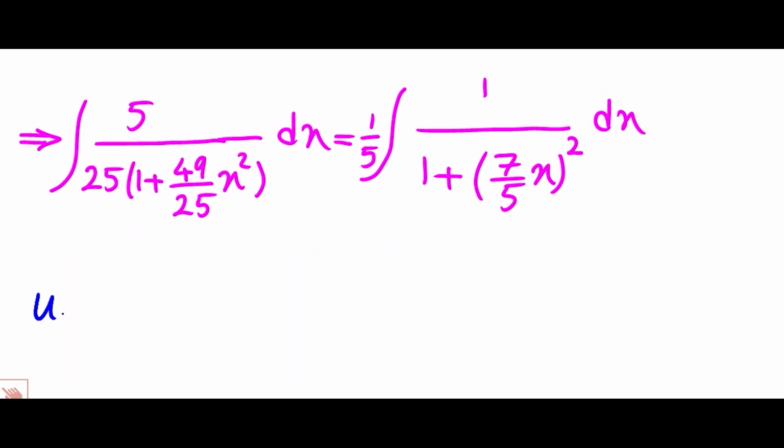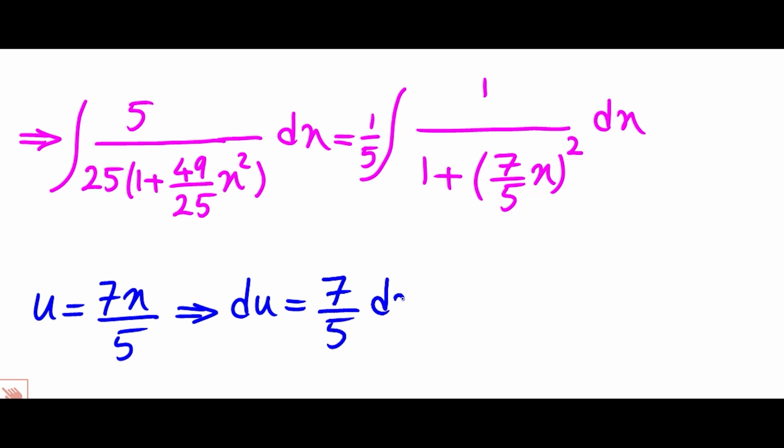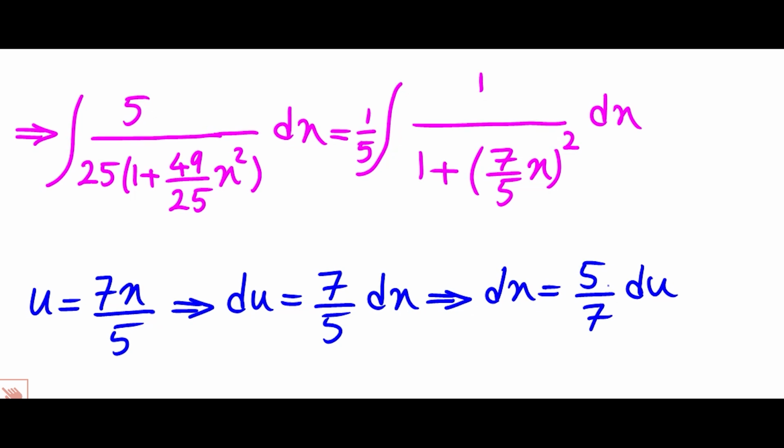Now let u equal 7x over 5, and if we take the derivative of both sides, we have du equals 7 over 5 dx, or dx equals 5 over 7 du. Now substitute into the integral.